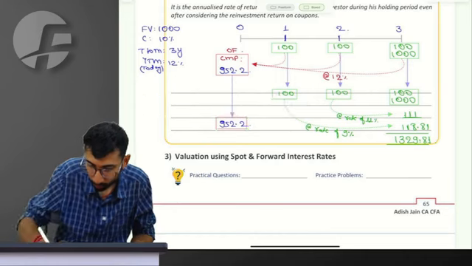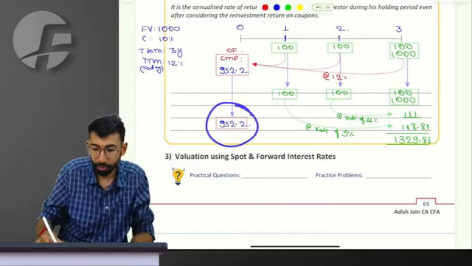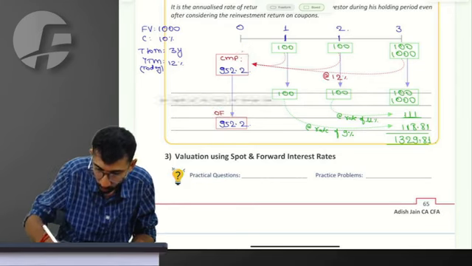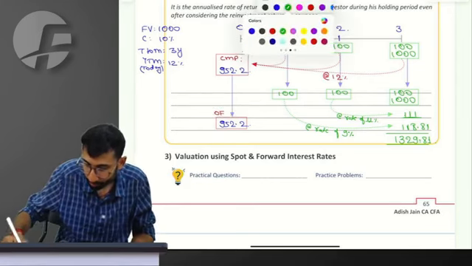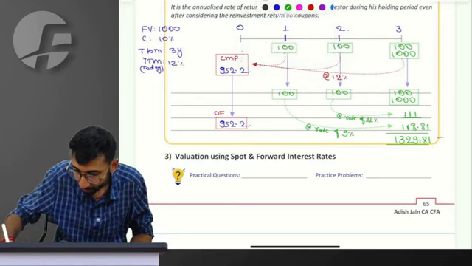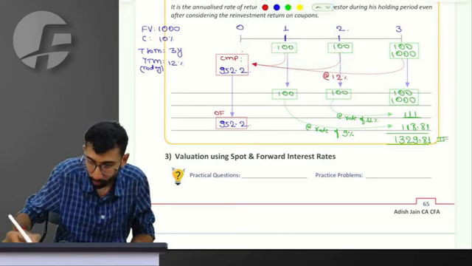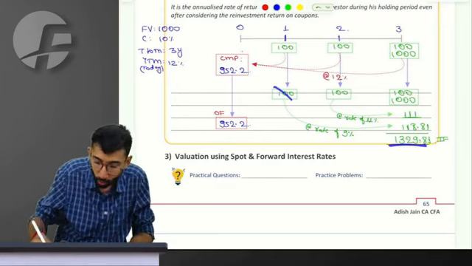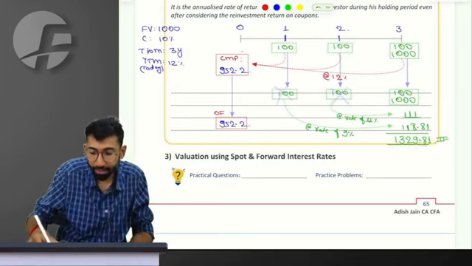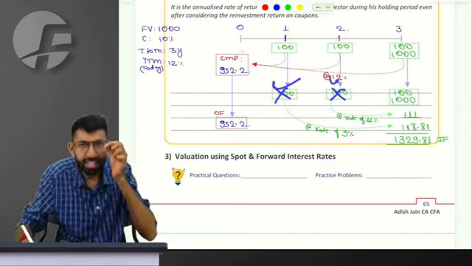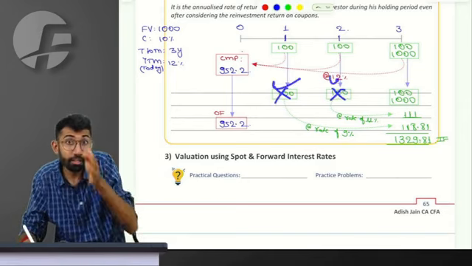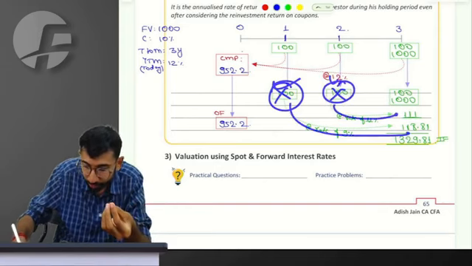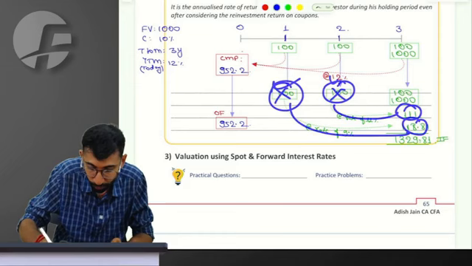This much has gone out of your pocket at point zero. And against that outflow, how much inflow have you received? So you will say in total you have received an inflow of 1329.81 at the end of third year. All these intermediate inflows become irrelevant in that case, because these intermediate inflows that I received in between, the amount of coupon, were reinvested to get the final inflow on this date.